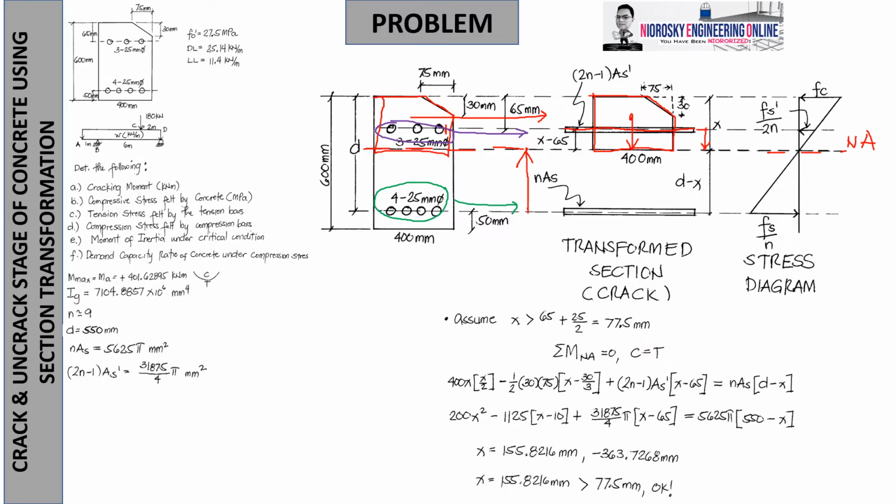Now, you will notice that this one is the area as if buong rectangle. Minus, bakit minus? Kasi bawasan mo yung area. Okay? Ito yung area nung notch na triangle, and then this is x minus 30 over 3. Ito siya, yan yung uka na to. Kasi ito, 1/3 ito of what? 1/3 of distance height 30. X yung total height. So minus yung 1/3 of 30 sa x. Okay? Para malinaw.